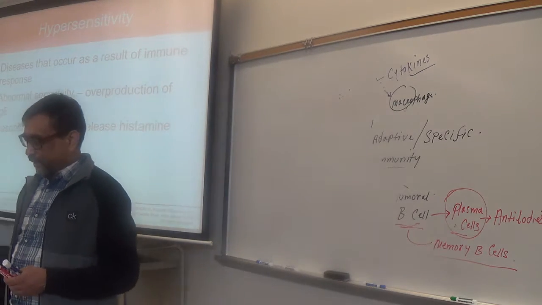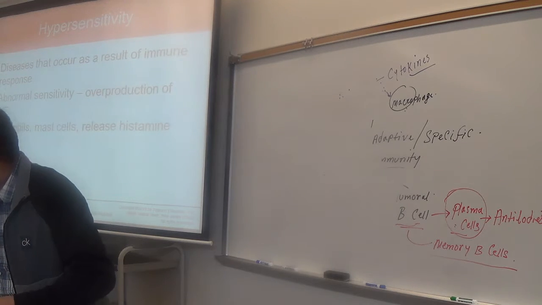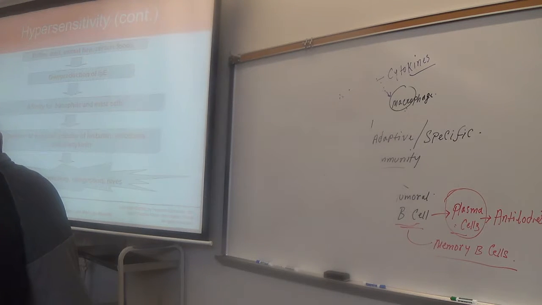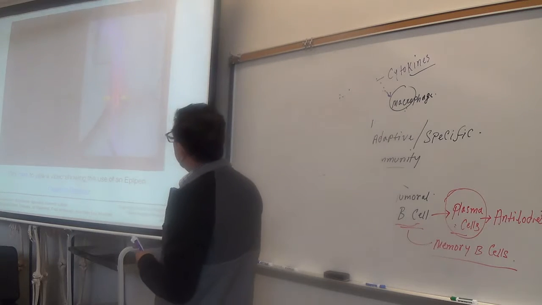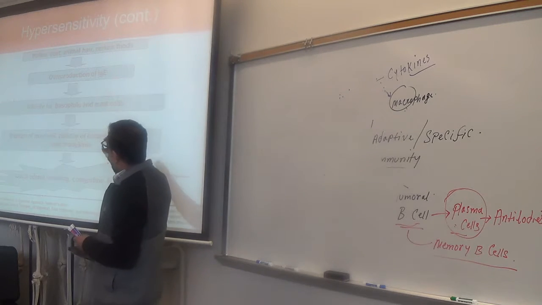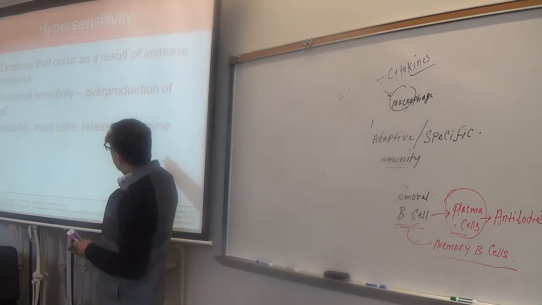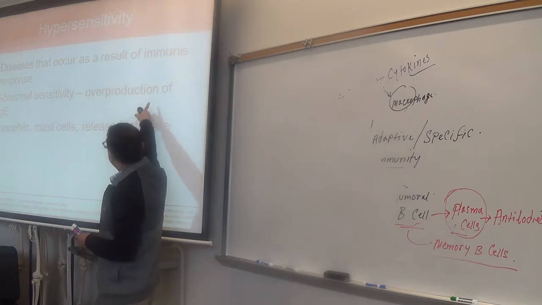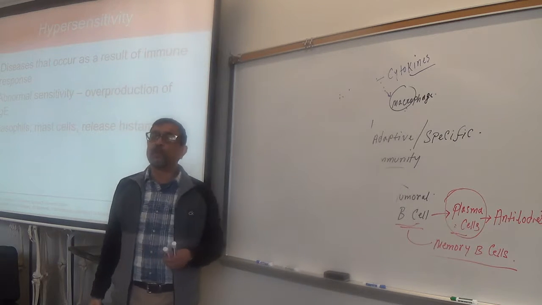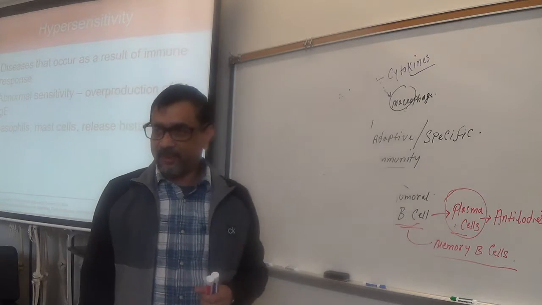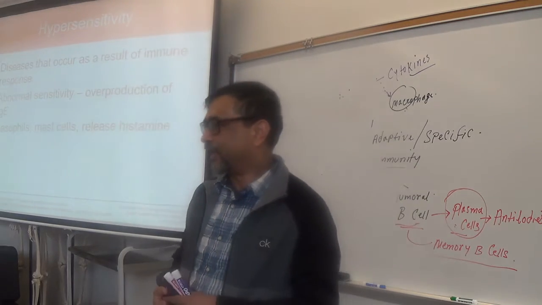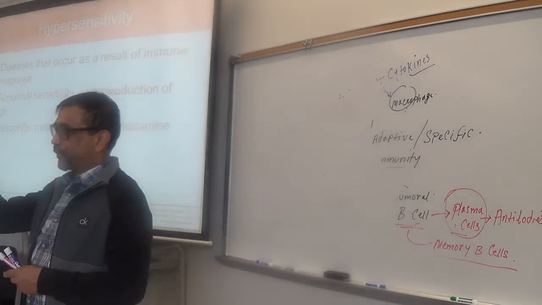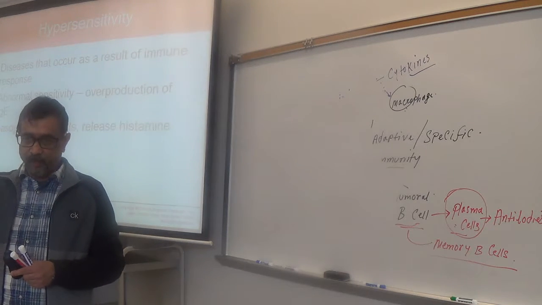So now hypersensitivity 1 occurs due to overproduction of immunoglobulin E. You must remember in the last class I mentioned 5 types of immunoglobulins are important ones, right?